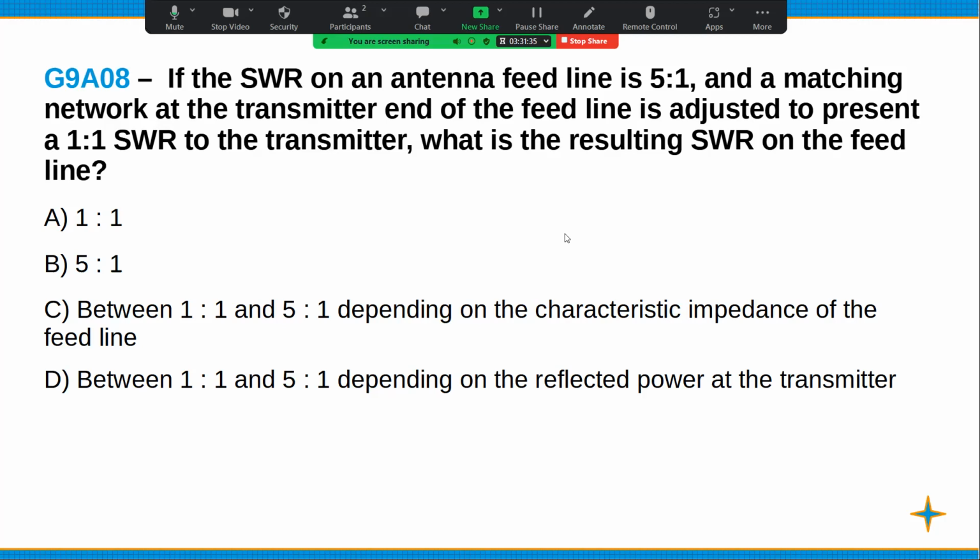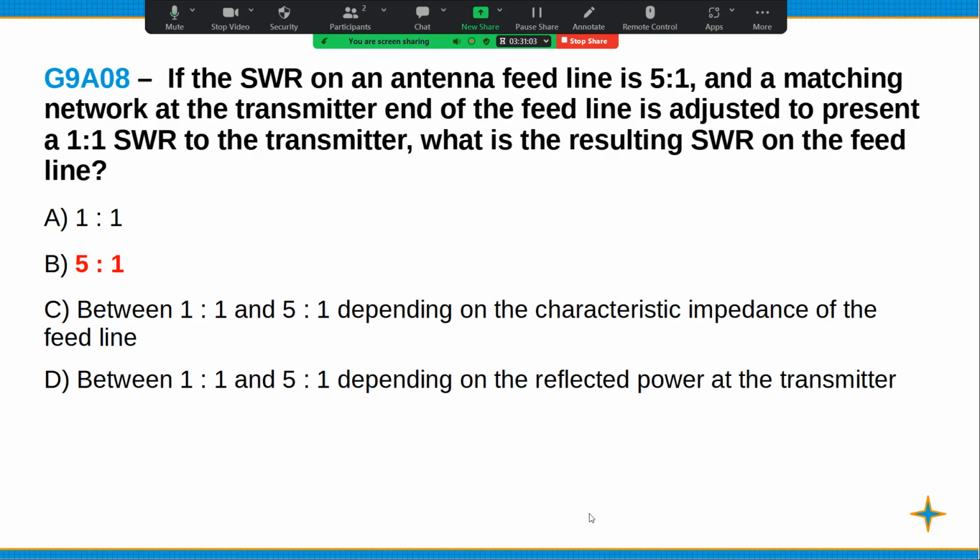You can call that a trick question, but it's a fundamental question. It doesn't matter what you do on the transmitter end. You still have the SWR. If it's a mismatch with the antenna, it's a mismatch at the antenna.